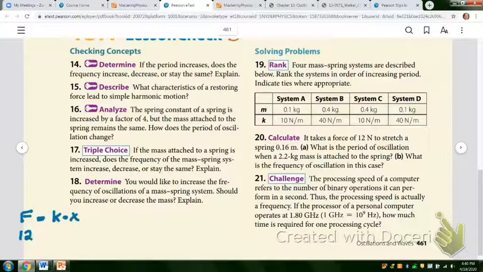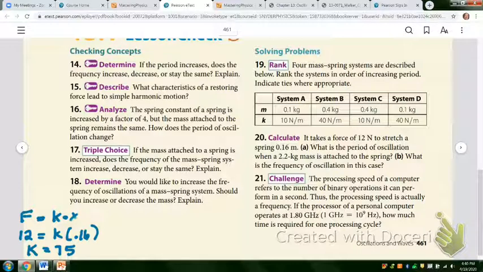So a 12 Newton force stretched 0.16 meters, not 0.12. All right, so I simply need to divide those to find my spring constant. So that gives me a spring constant of 75. So talking about a pretty stiff spring here.